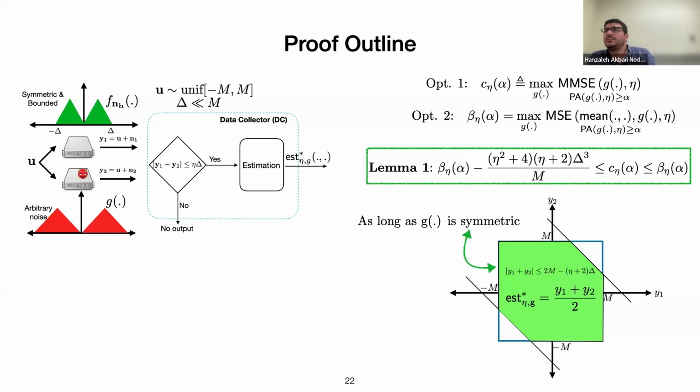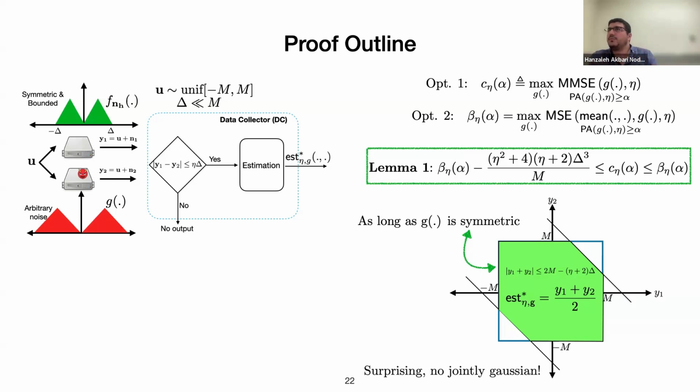Is that clear, Mo? Okay. So as long as G is symmetric, we will have this result. And that's a very surprising result because the noise distribution of the adversary and the data collector, the honest nodes, are not jointly Gaussian. But given this fact, the MMSE estimation function for this range is a linear function of the inputs.